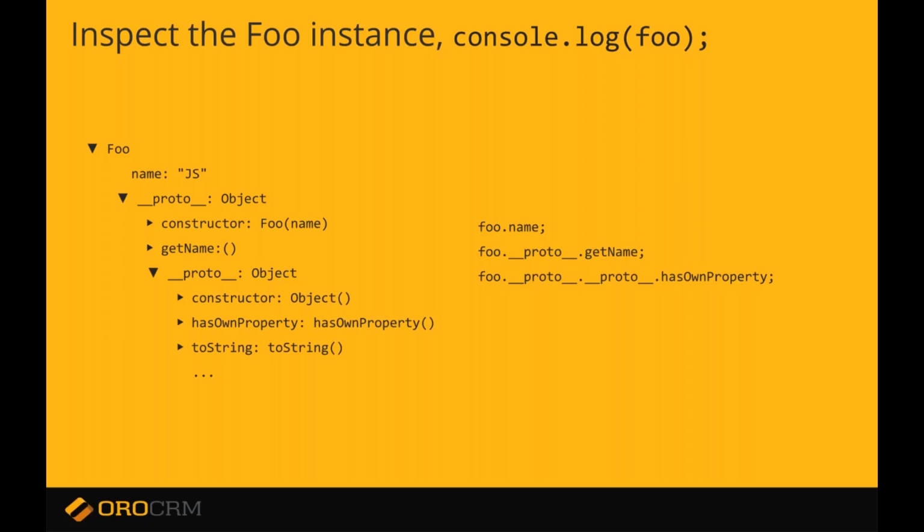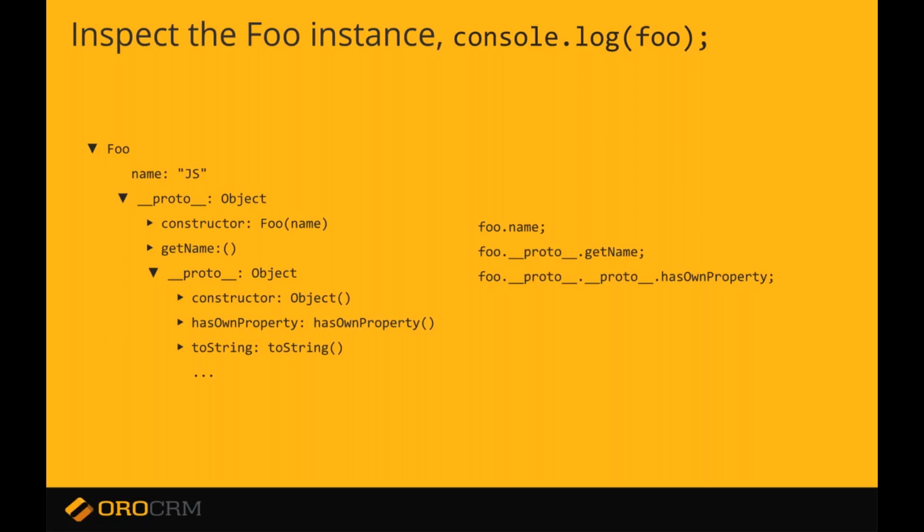It has own property, single property name with value JS, and it inherits __proto__. It's a magic property which is referenced to the prototype of the constructor.